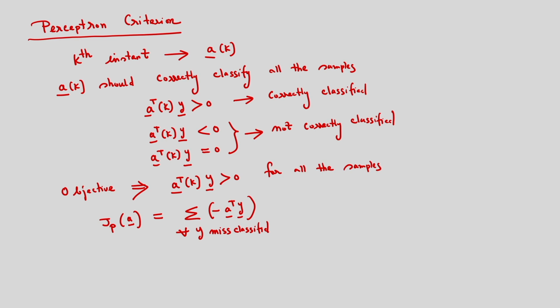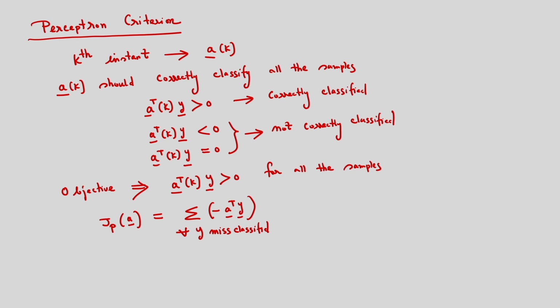If a particular sample is misclassified, that means I have to modify the weight vector a. If a sample is misclassified, a transpose y is negative and minus a transpose y will always be positive, or it may also be 0.